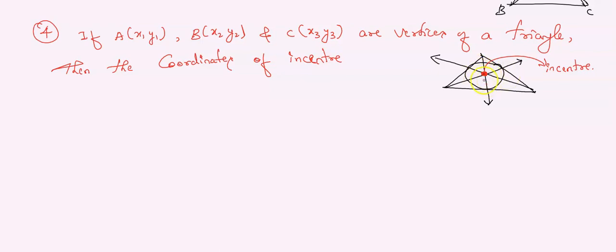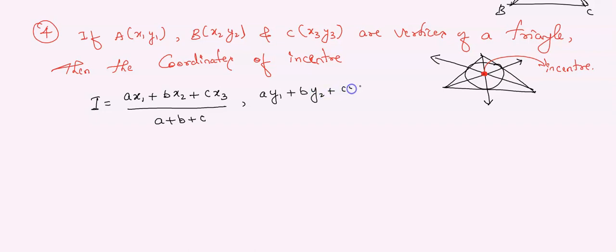If you want to find the coordinates of this incenter, then what is the formula we use? The incenter I is equal to ax1 plus bx2 plus cx3 divided by a plus b plus c, comma ay1 plus by2 plus cy3 by a plus b plus c.